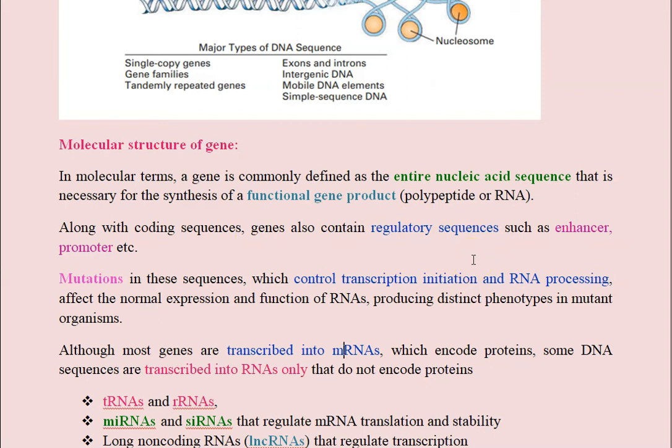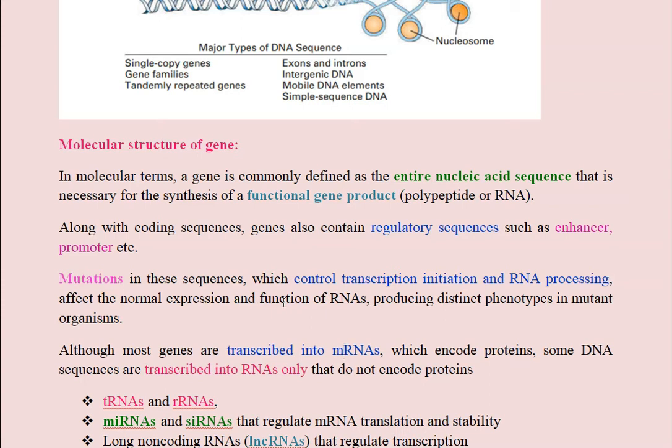enhancers, promoters, etc. If a mutation occurred in these regulatory sequences, which control the transcription initiation as well as RNA processing, it affects the normal expression. Because if the promoter is mutated, the promoter, usually in bacteria, contains the TATA box, GC box.